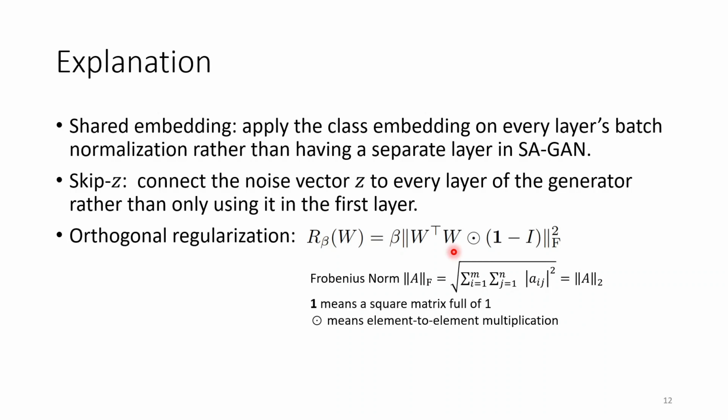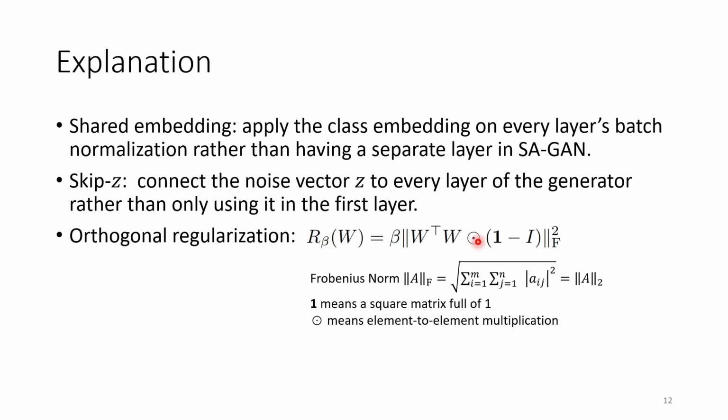The original orthogonal regularization means all of those vectors should be orthogonal to each other, and all of those vectors should have unit length. But they found the performance is not very good, so they slightly changed the definition here. They only want those vectors to be orthogonal to each other, but they can be any length.